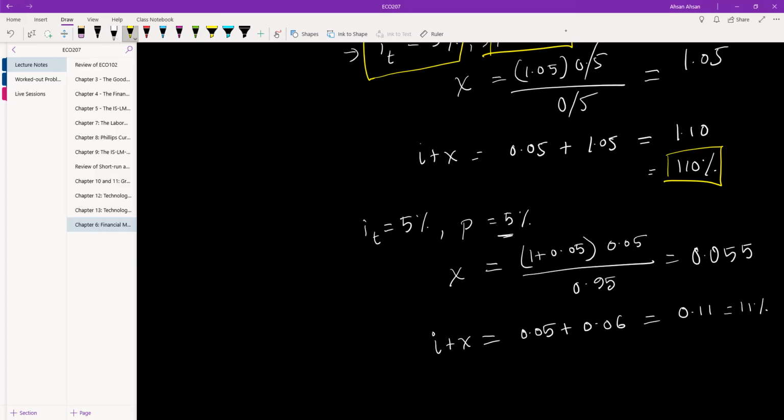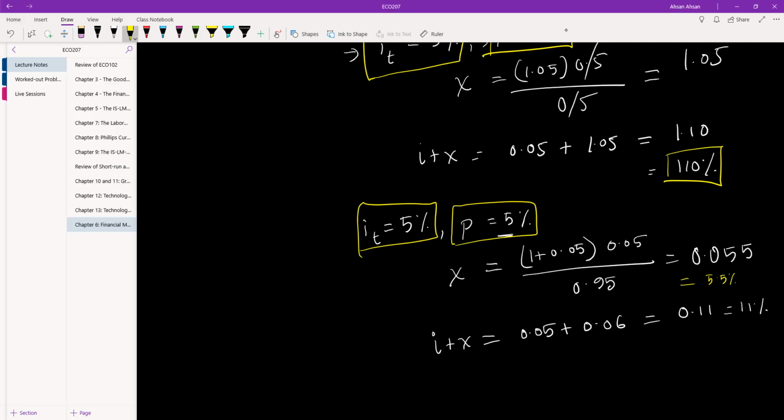So what that means is that if you can buy a riskless bond for 5% interest, and then someone offers you a bond that's going to pay, but that has an associated 5% default risk that you may not get paid at all at the end of the period, you are going to say, for me to take this extra risk, I will also have to get an extra risk premium of, over here, 5.5%.